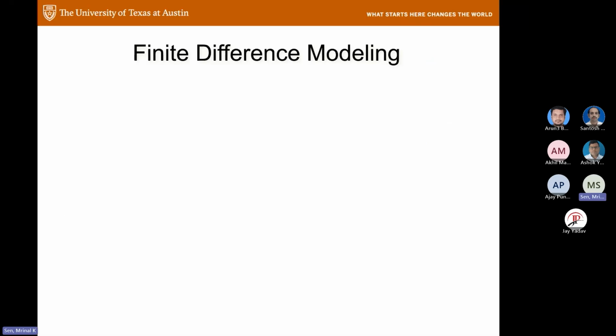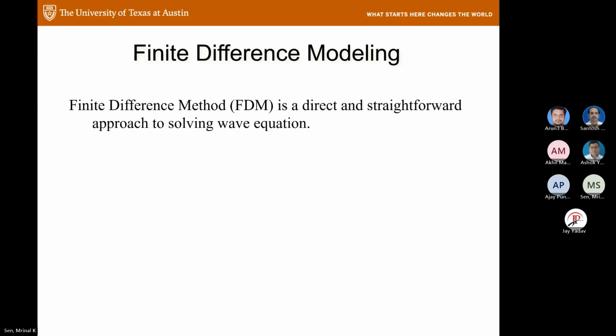Okay, so what is finite difference modeling? The finite difference method is a direct and straightforward approach to solving the wave equation. I can tell you the story when I was a grad student. What I worked on was more Kirchhoff and path integral formulation, analytic solution.